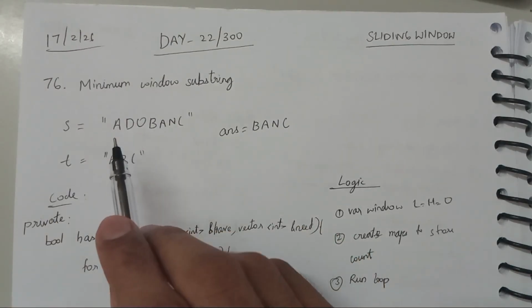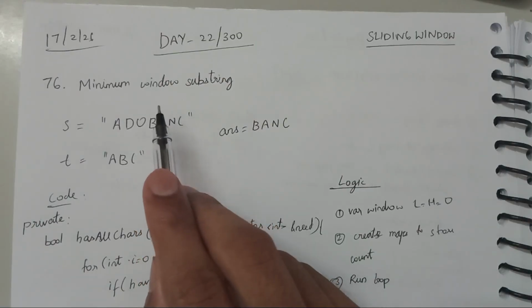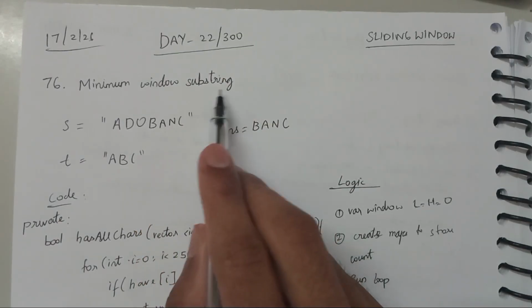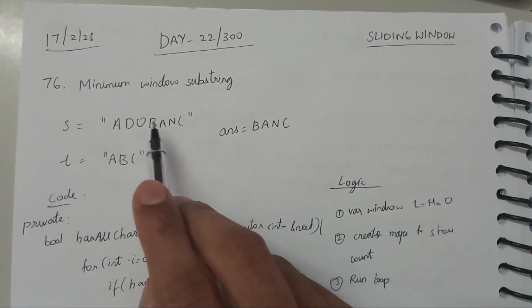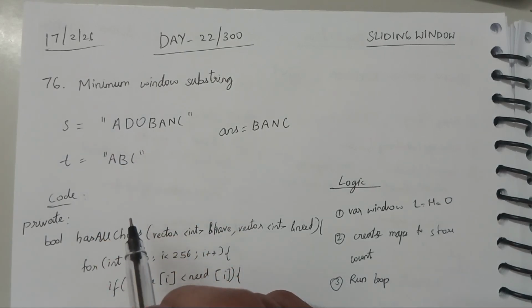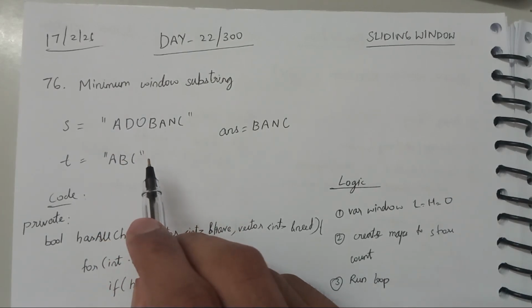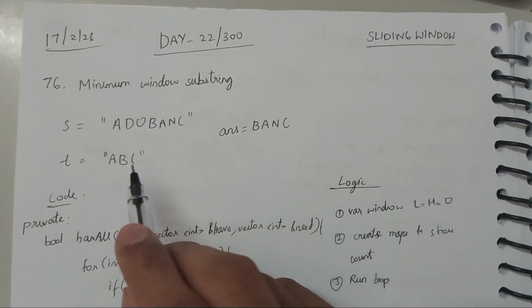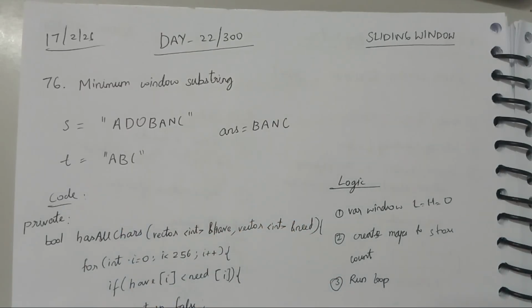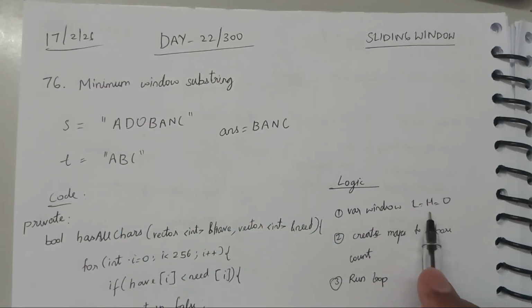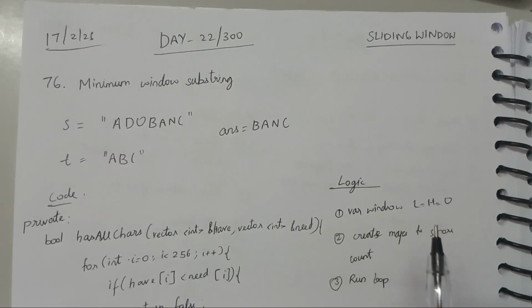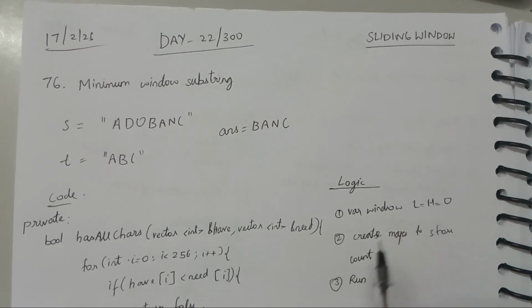So first thing, it is a sliding window problem because a substring is there. It is a question on an array and the minimum keyword is there. And next thing is it is a variable window problem. So we initialize low and high at 0, and we have to check something for the condition or the information.